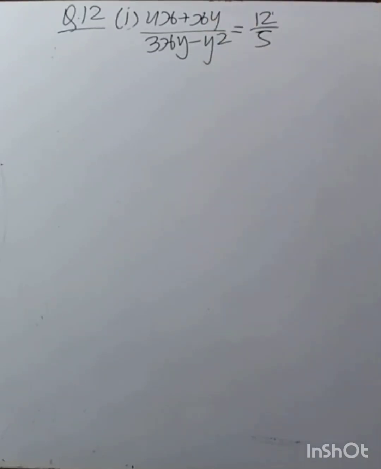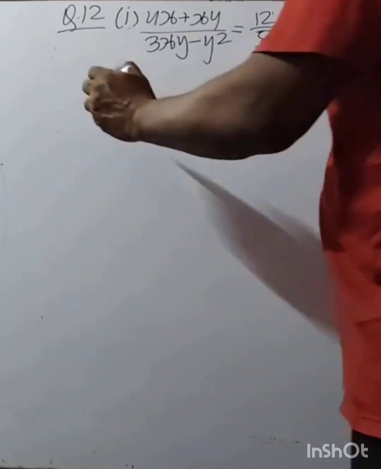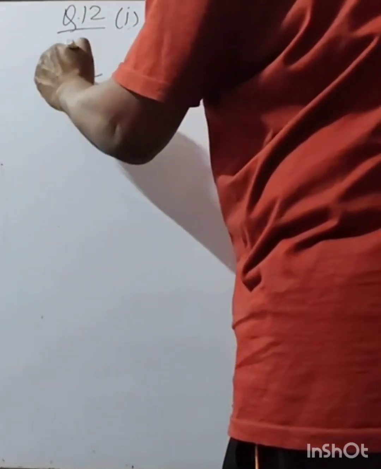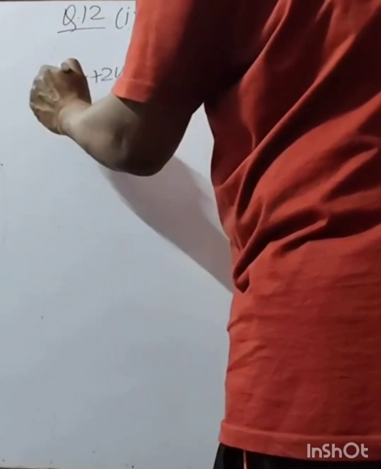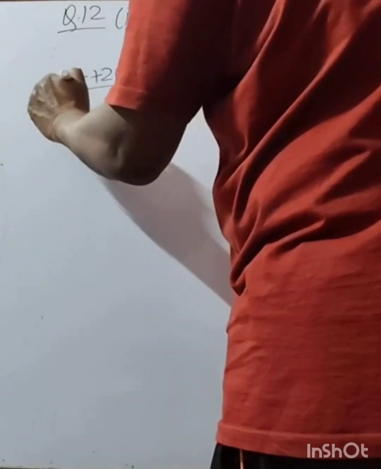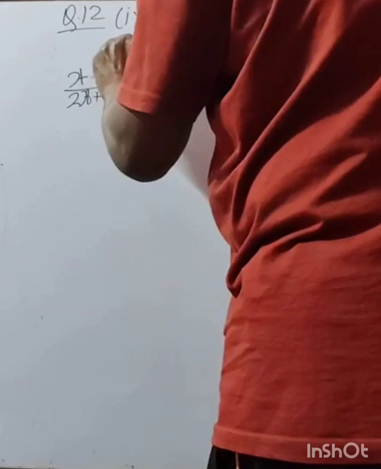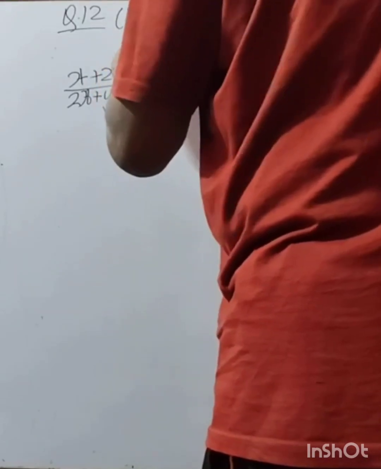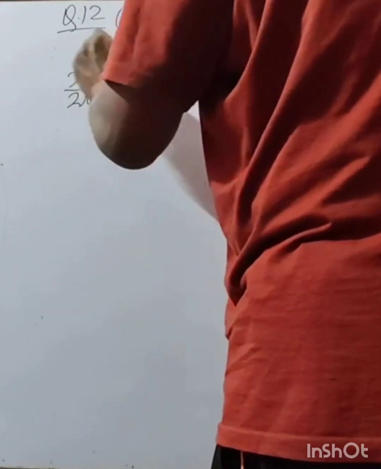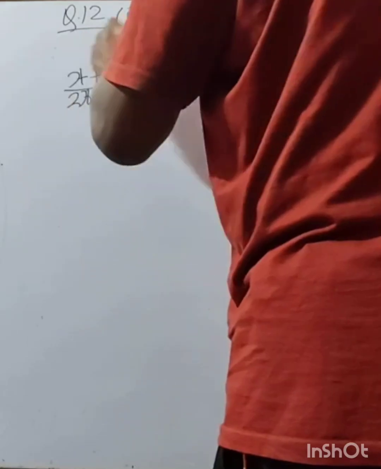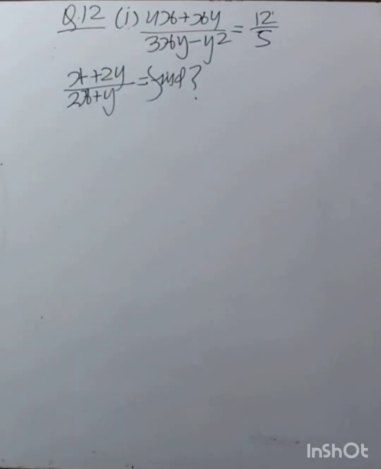What do you have to find? X plus 2y ratio 2x plus y. Fine. Is it? Did I write correctly? Did I write 4x square? Yes, sir.